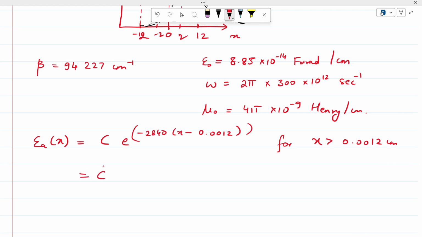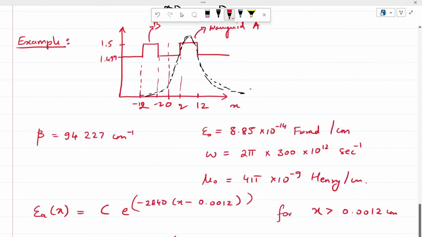Then in the center region, there will be an oscillating term. So why am I writing 0.0007? Because of the center of the waveguide.